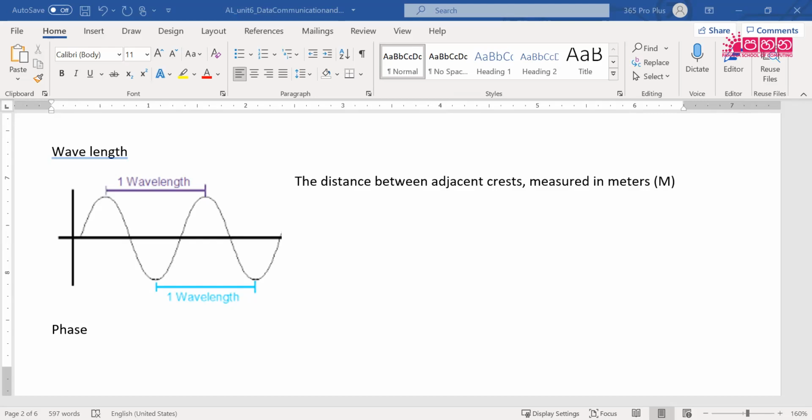If you see the same point varies in two different signals, we call it two different phases, and we call that phase difference. Let me show you with an image.